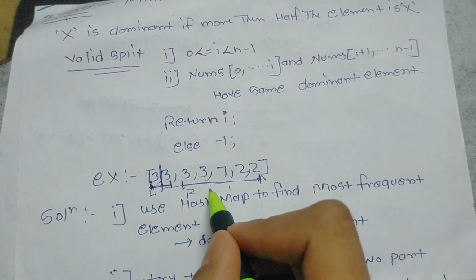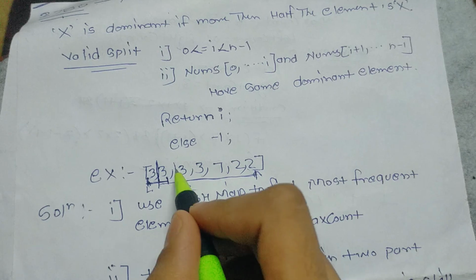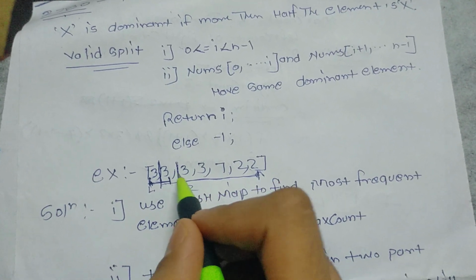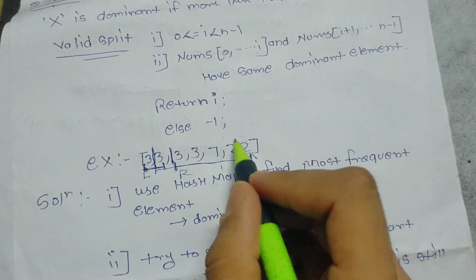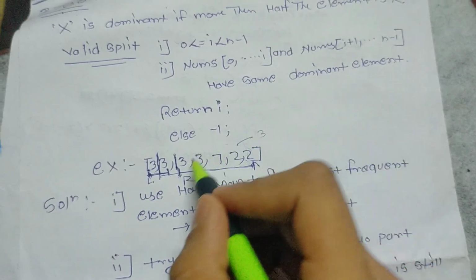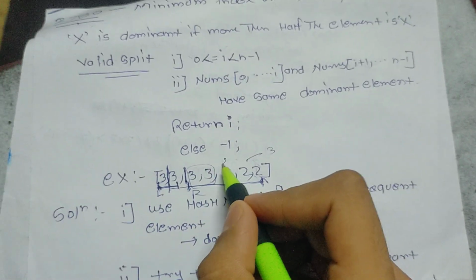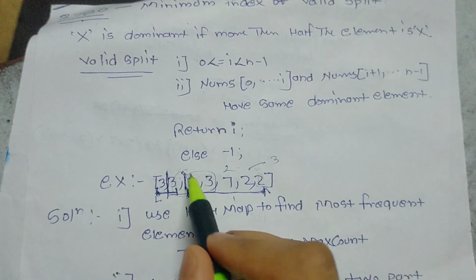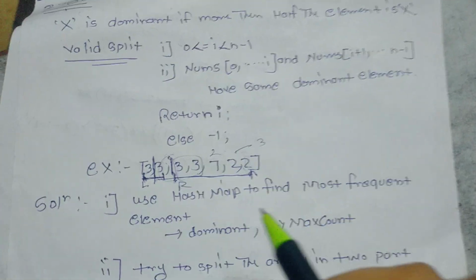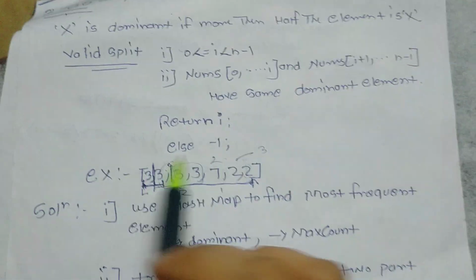But in the right side we can't split here, because if you combine all the other elements, it's 3, but the dominant element is only 2, which is less than the other elements combined. So we can't say this is a valid split, right?